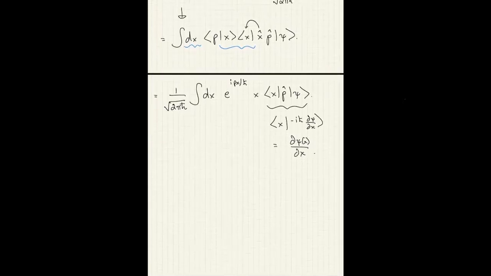So this whole matrix element can be written as 1 over square root of 2πħ, integral dx, e to the i px over ħ, times x, times minus iħ d psi/dx.